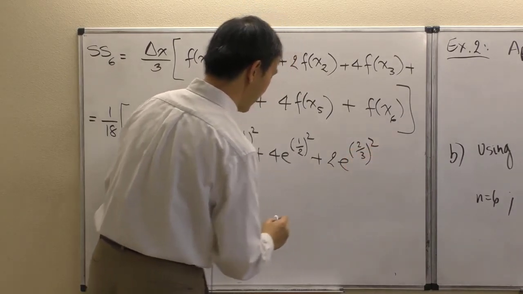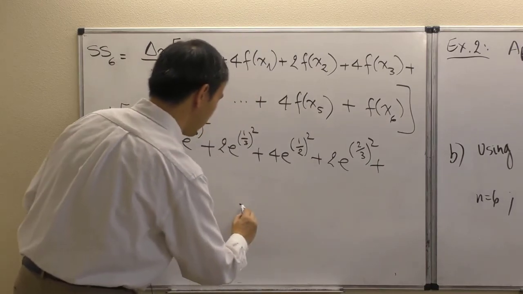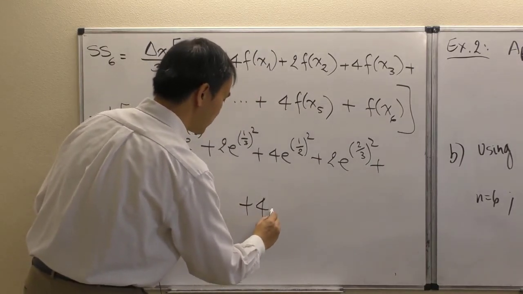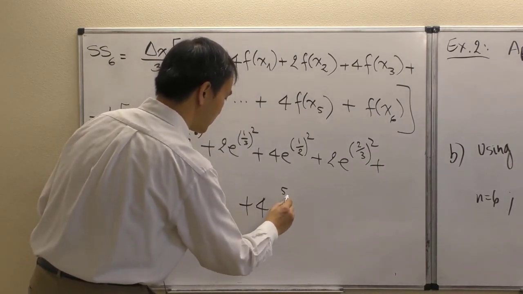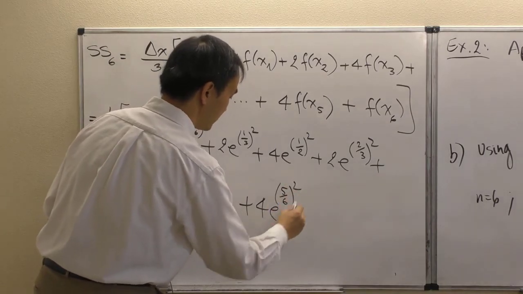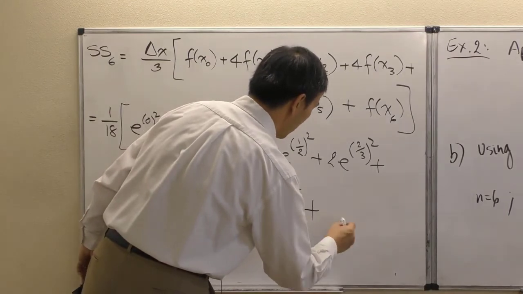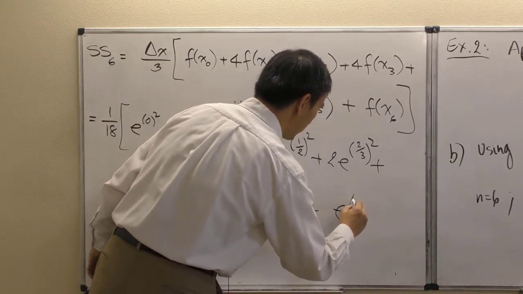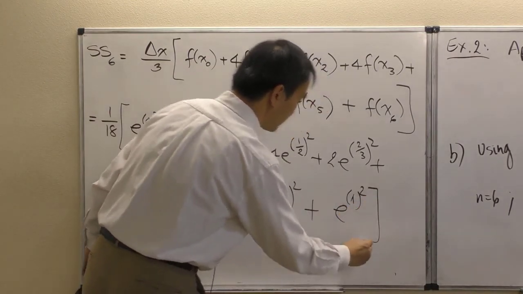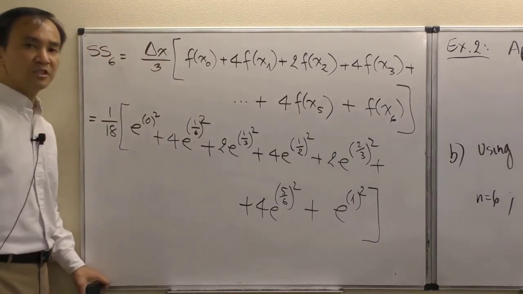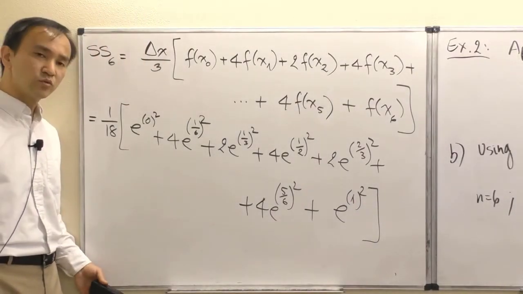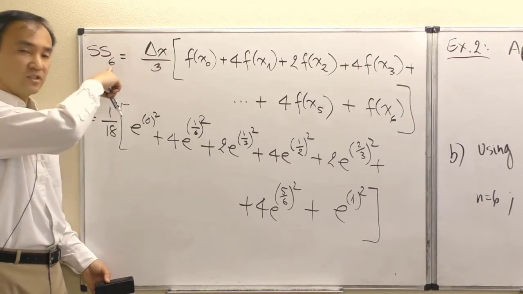I'm running out of lines, so I'm going to jump down to my next line right here, plus 4 times e to the 5/6 square. So this is the 5th one, and the last one on our list here has only coefficient 1, so e to the 1st power square. That's how I can successfully substitute values into my Simpson's rule formula using 6 subintervals.